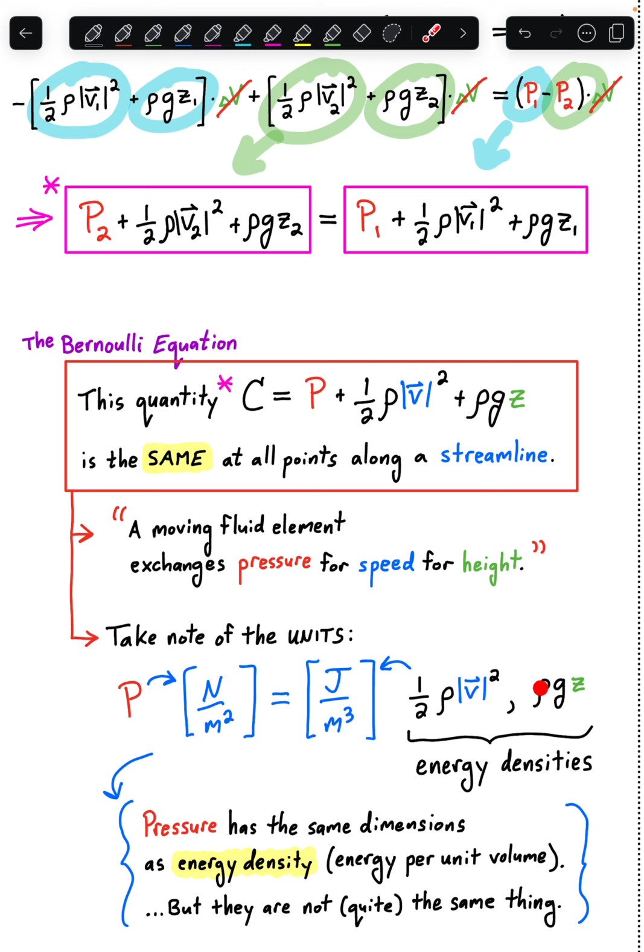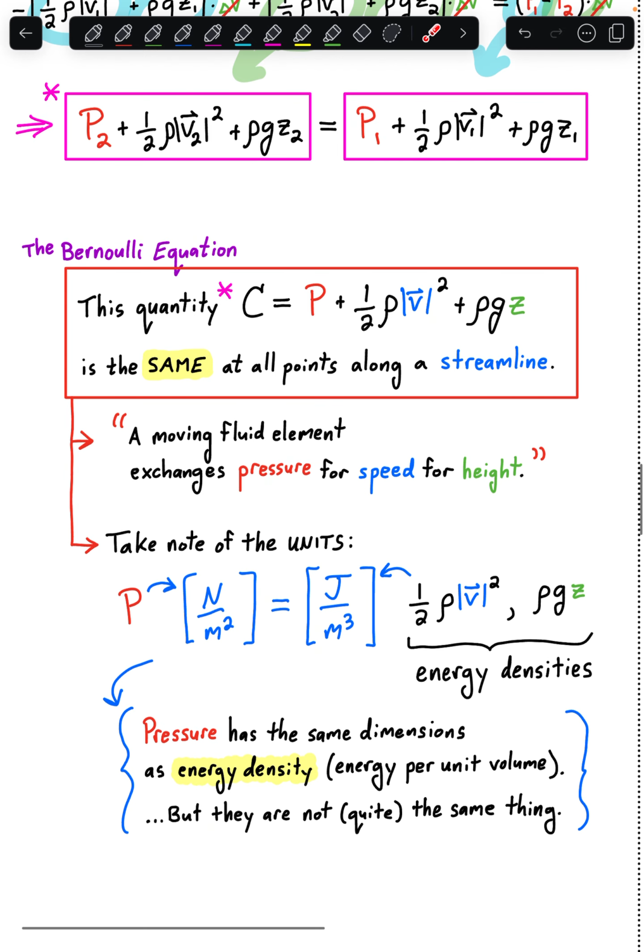Likewise here, mgz would be joules of energy, but over volume is joules per cubic meter. These are energy densities. So apparently, if we can add these things together, they must have the same dimensions. So a newton per square meter has the same dimensions as joules per cubic meter.